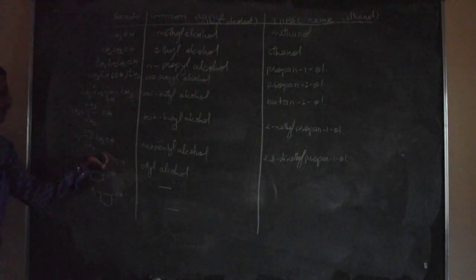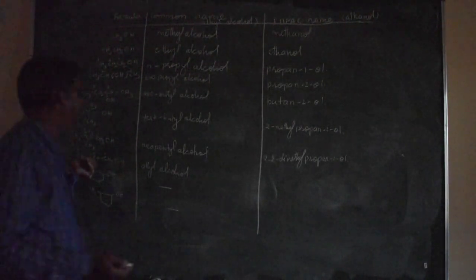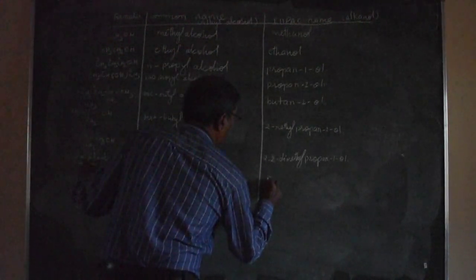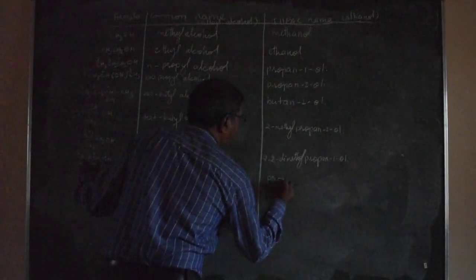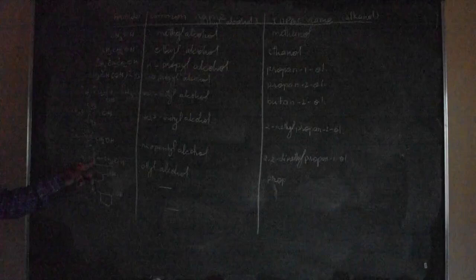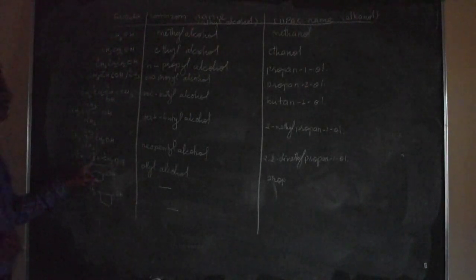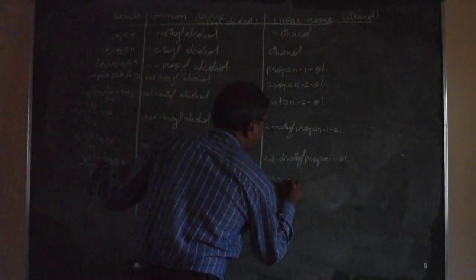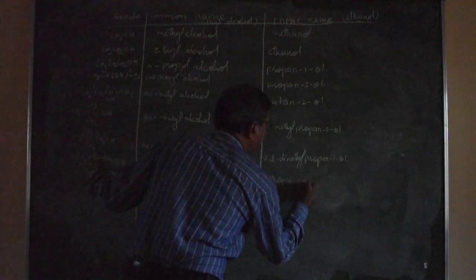Prop, with the double bond on the second carbon, between the second and third carbon, so it is prop-2-en.